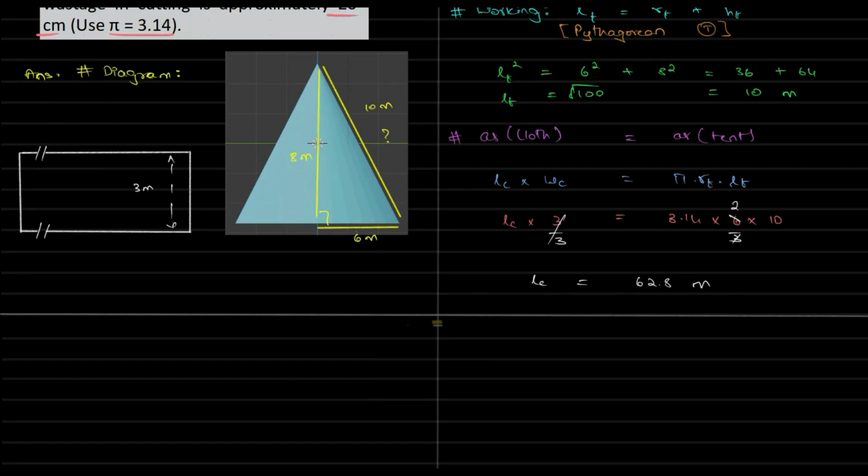And now the actual length. So we have the actual length, which is the length for the tent plus the extra length. So this is 62.8 plus 0.2, that is 63 meters.